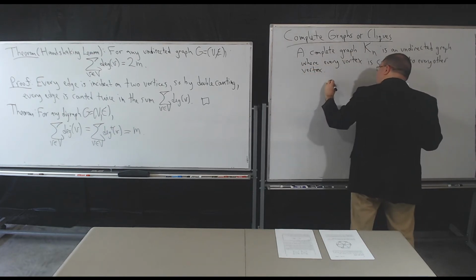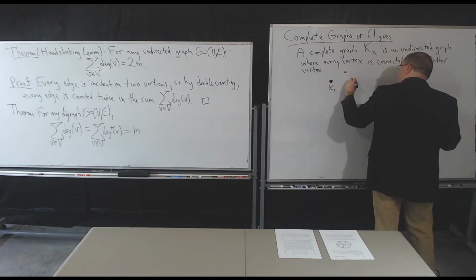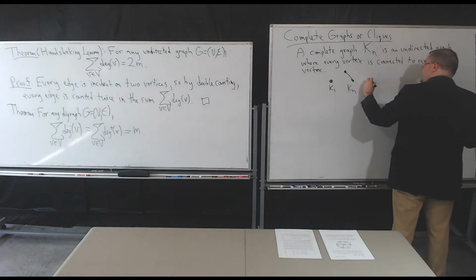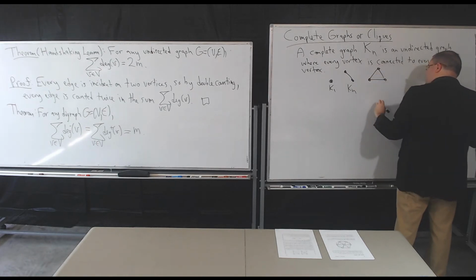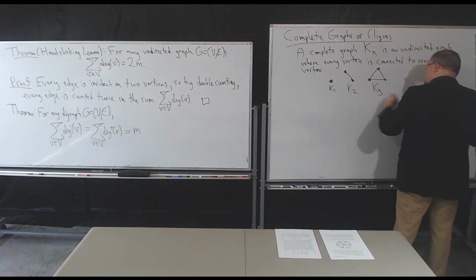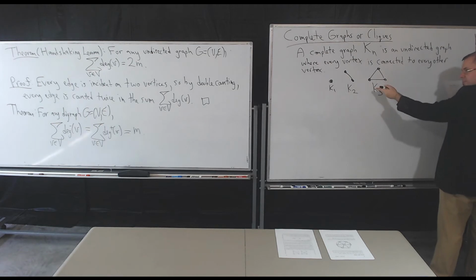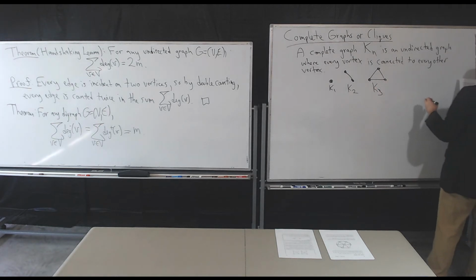So for example, K1 is just a vertex. K2 is two vertices connected by a single edge. K3 is a triangle, so-called because it looks like a triangle. That's K2. This is K3. So notice every vertex is connected to its neighbors. Does everybody see that?